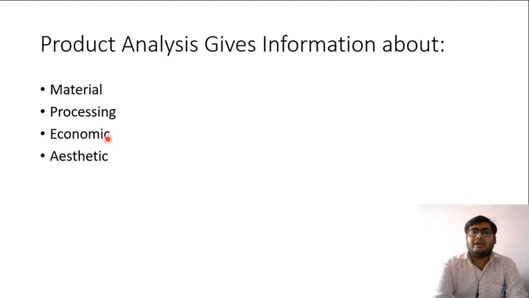All these ideas should be there. And aesthetics is also very important, how our product is looking. This is also an important criterion for product analysis. And after product analysis, we must be sure whether our product is aesthetically pleasing or not.